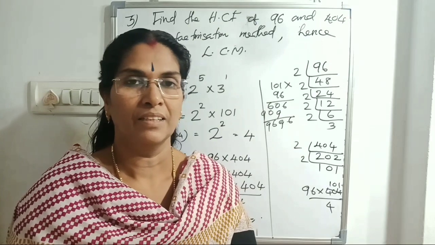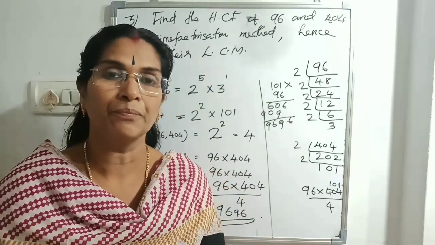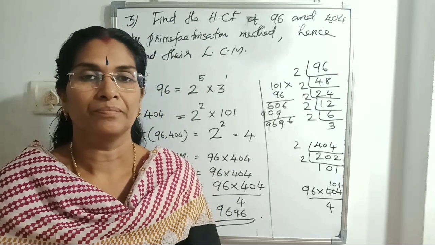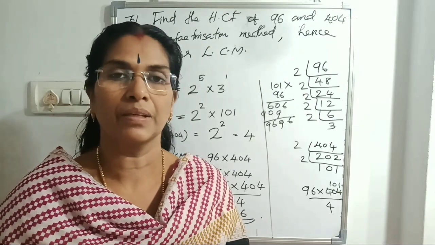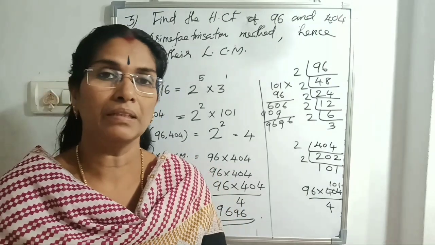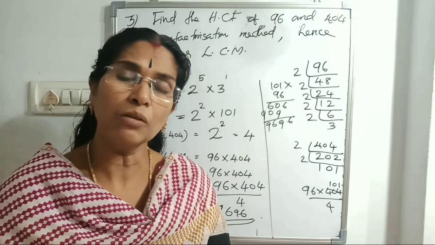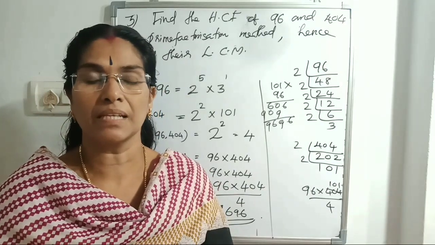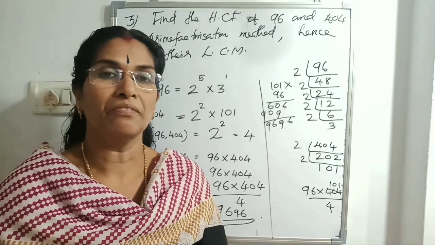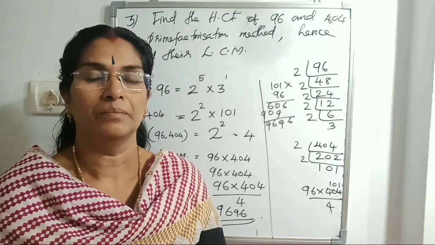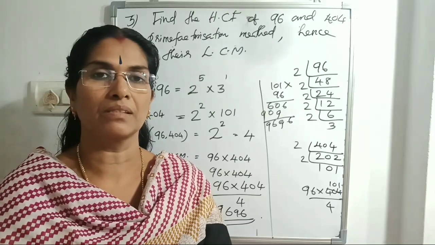9696. Okay, clear? Today's topic, what we learned today: one, all the types of numbers, real numbers, just revised. After that we learned the fundamental theorem of arithmetic. It is a very important one. Every composite number can be expressed as a product of prime factors, and these prime factors are unique.